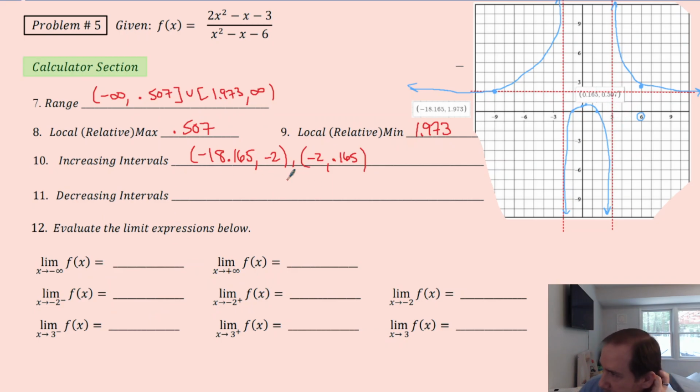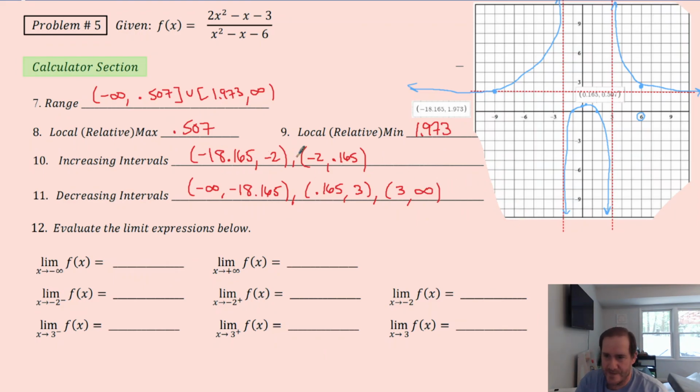So just the two increasing intervals. Decreasing intervals would go from -infinity all the way up to -18.165. Then we're increasing till we get to the asymptote, then we increase to the local max at 0.165. Then we're decreasing from 0.165 to the next asymptote, which is at 3. Then we decrease again from 3 to infinity.